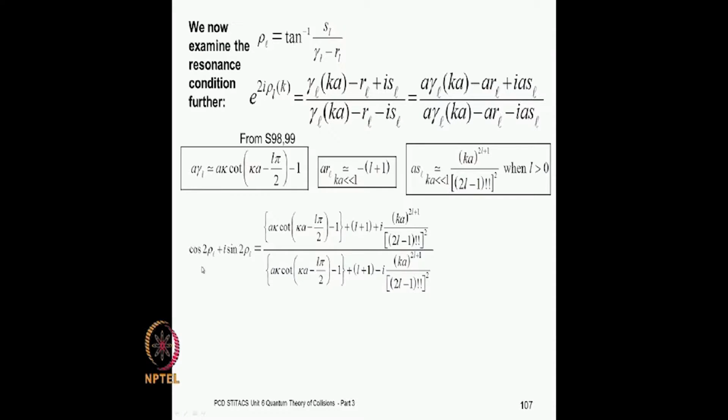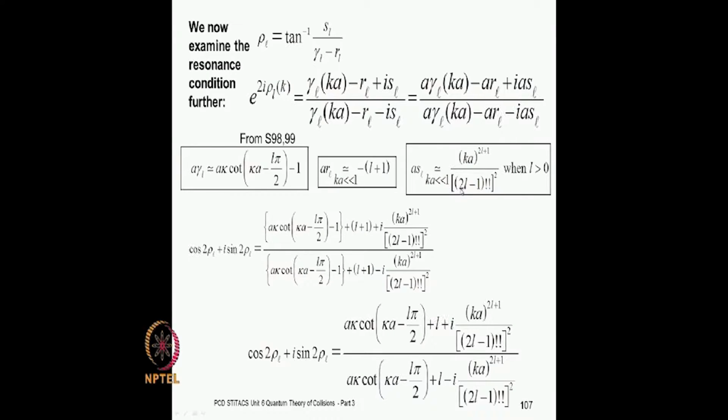So you have written this e to the 2i rho L in terms of the right hand side of these expressions, and we can simplify this relationship a little bit. So this is the same expression as over here. There is no difference between these two expressions, it is the same one which has been simplified.